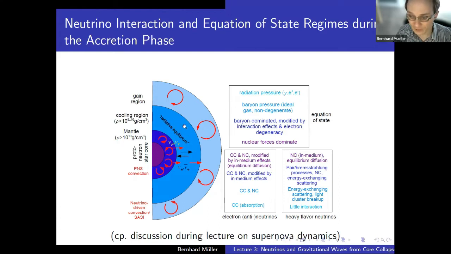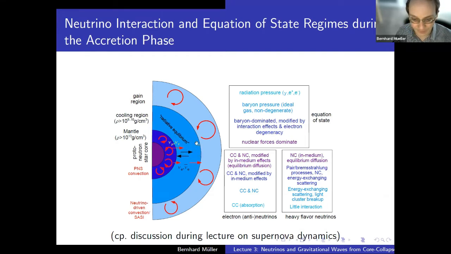The equation of state here is dominated by the pressure of non-degenerate baryons, neutrons and protons, mostly neutrons, and on top some contribution from leptons, which are semi-degenerate. You also have some heavy flavor neutrinos coming through this region from deeper inside. Remember, we already discussed that heavy flavor neutrinos are really produced deeper inside because at these densities the interaction cross sections are still too small.